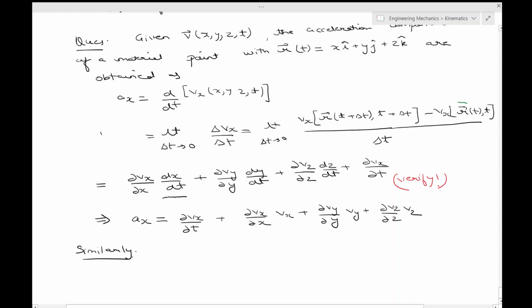This should give Ay is equal to dou Vy by dou t plus, I'm sorry, there's a misprint it seems in your textbook. It shouldn't be like this. I'll just make this correction. I'm sorry, I should have seen it there itself.